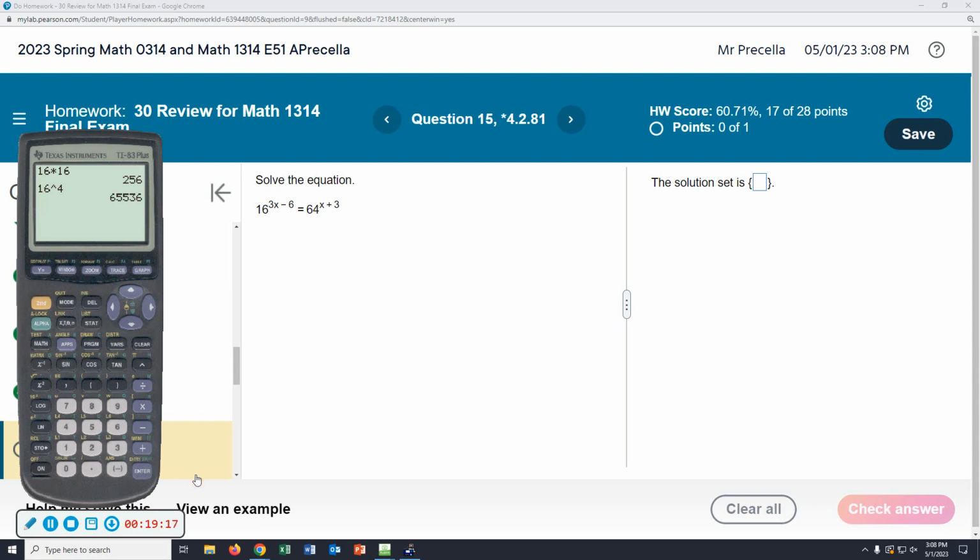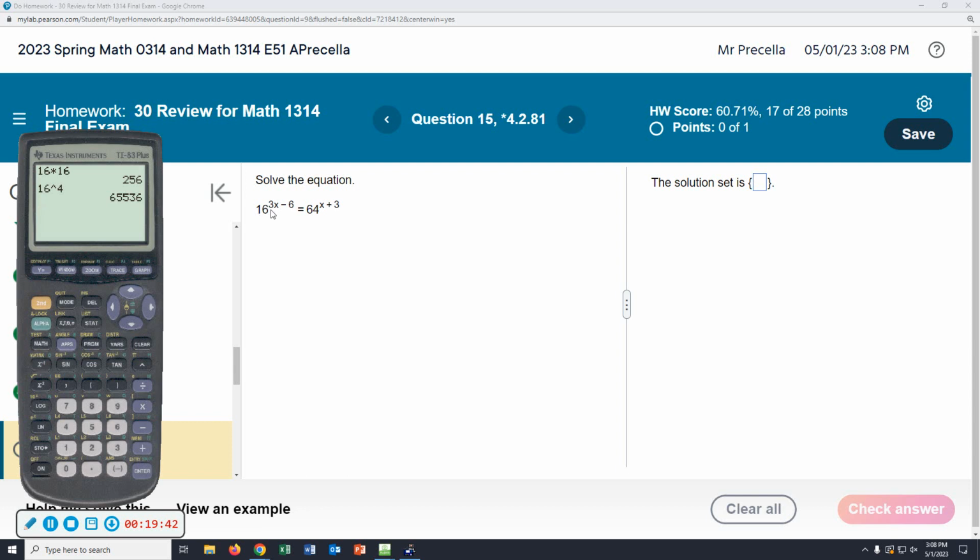So let's look at the smaller base and ask, is there some fact from the multiplication table? I don't think you can write 16 as a power of 8. 8 squared would give us 64, but 8 to the first, does that give us 16?